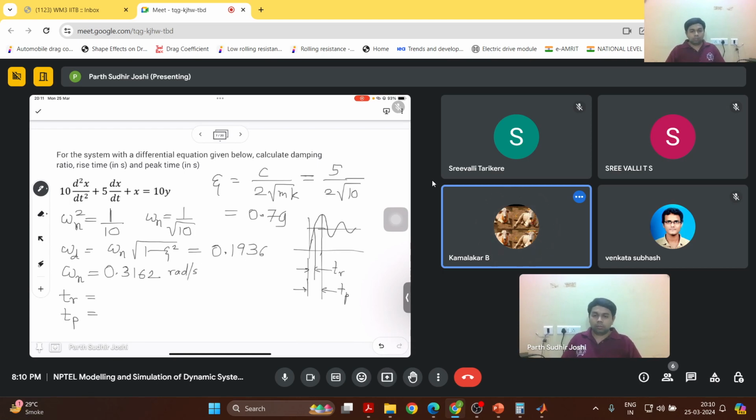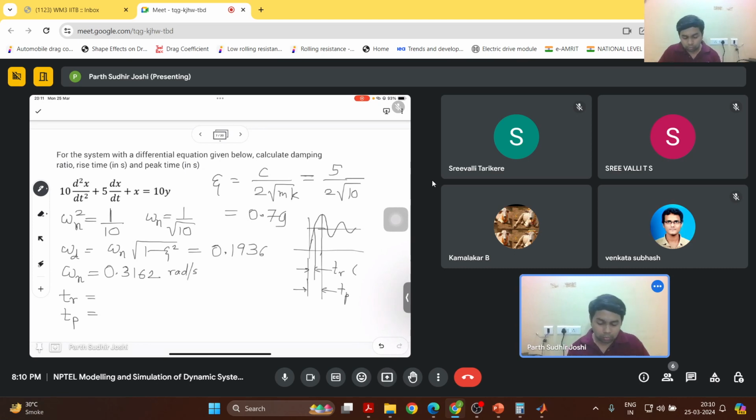TR occurs at the point where it just completes 1/4 of the cycle, so it corresponds to pi by 2, and TP corresponds to 1/2 cycle, so it corresponds to an angle of pi.